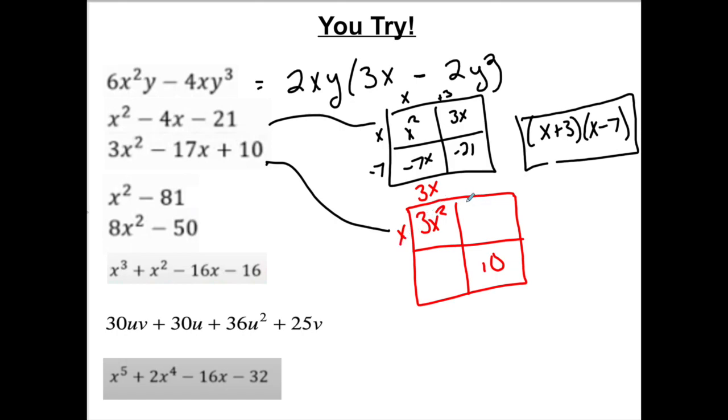What about to get 10? I've got to be careful here, so I'm going to put -5 and -2. A negative times a negative will give me the positive, and a negative plus a negative will give me a negative. So I end up with 3x minus 2 and x minus 5.